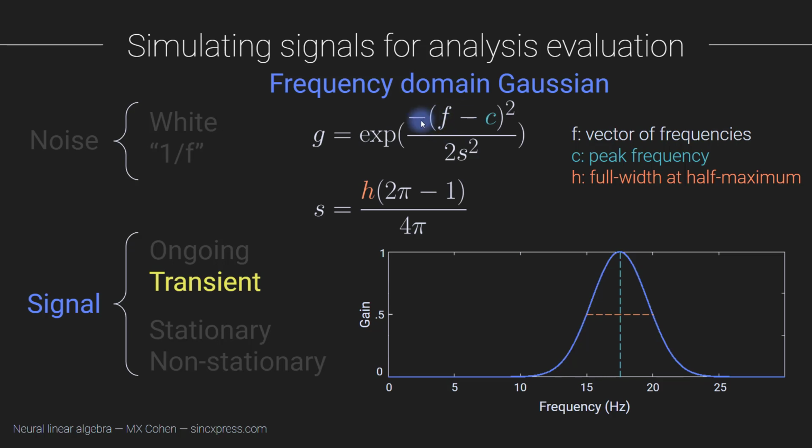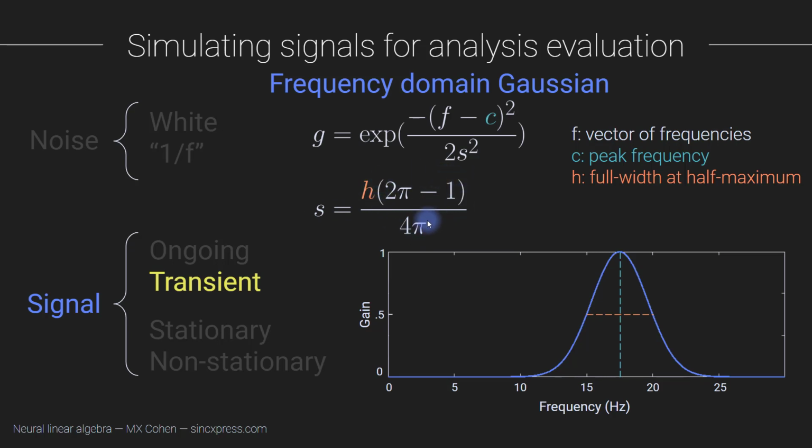So we still have minus, and now it's f minus c, and that quantity squared. And here f corresponds to a vector of frequencies, and c corresponds to the peak frequency that we are looking for. So in this case, the peak frequency looks like 17.5. So that would be the parameter c, divided by 2s squared, where s is a shape parameter, and that is equal to h times (2 pi minus 1) divided by 4 pi.